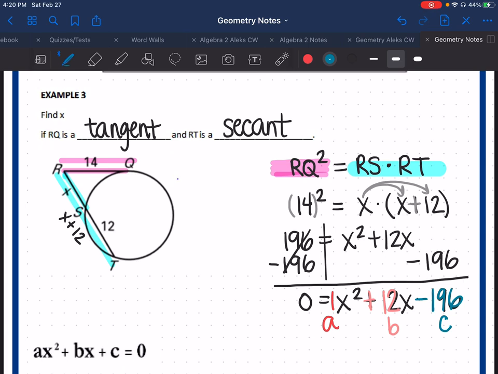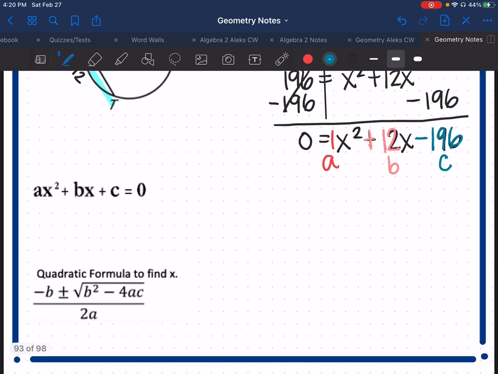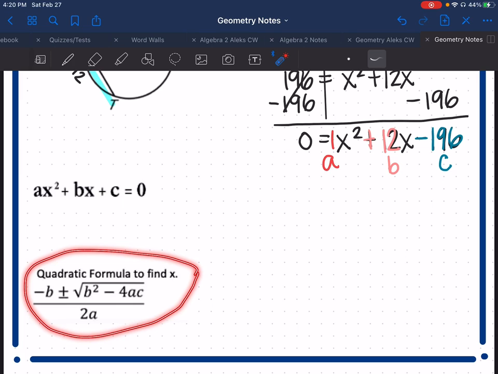Now my next option is I can try to factor this, but it may not be factorable. One of the things we learn in algebra is to solve a quadratic by using the quadratic formula, which is negative b plus or minus the square root of b squared minus 4ac, all over 2a.